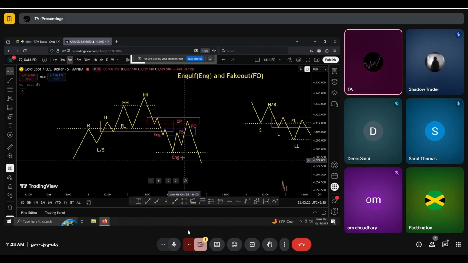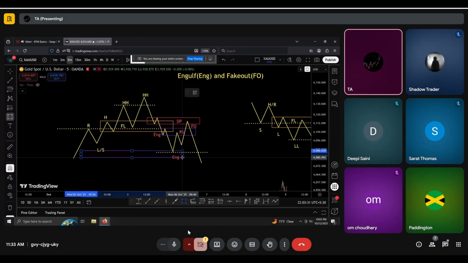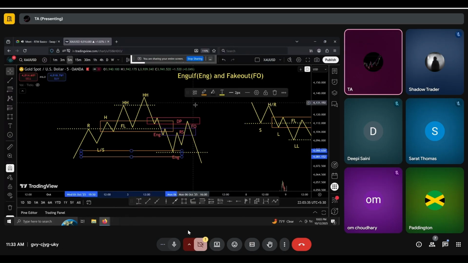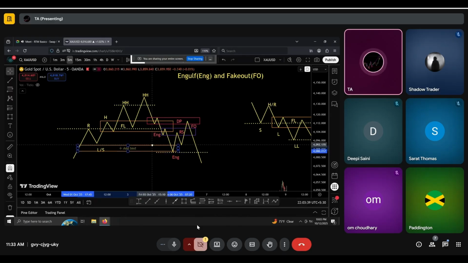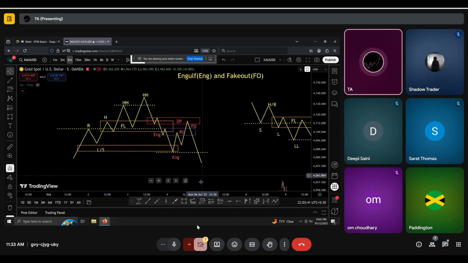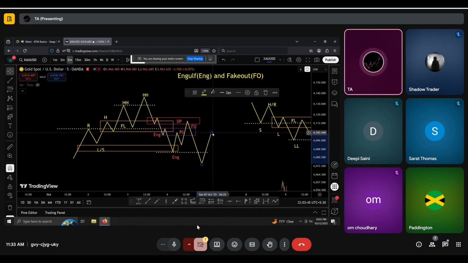What will happen? Again, we will have to find out some structure somewhere here, and then again the price will go up, creates the fake out, and then falls again.